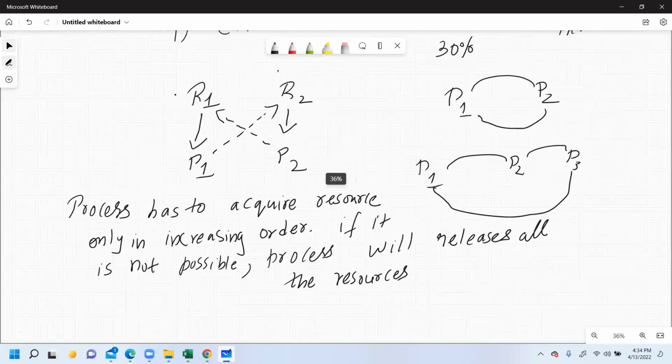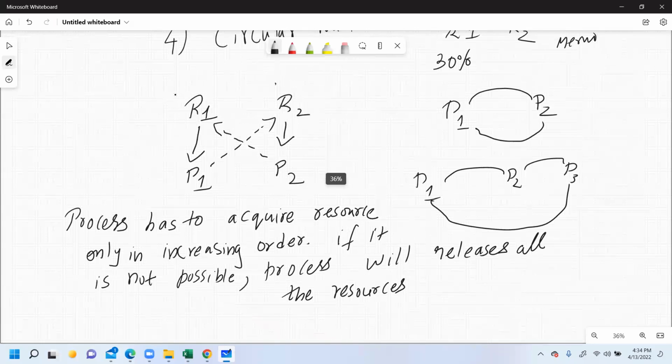Why? See, listen carefully. P1 is holding the resource R1. P2 is holding the resource R2. And P2 is still executed. So P2 is still scheduled and P1 is requesting R2. The resources are numbered in increasing order.